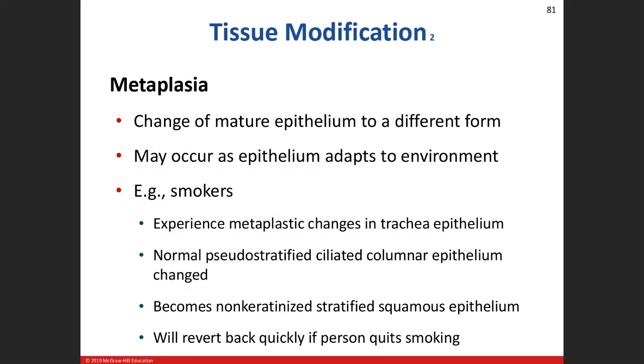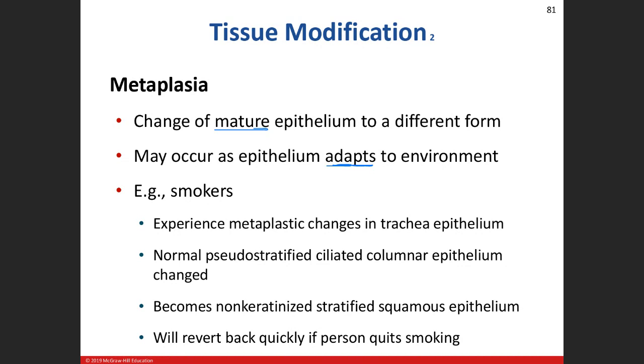Another type of tissue modification is known as metaplasia. This is when we're dealing with, I have to point this out, the mature epithelium. What will happen is we get a change from one type of mature epithelium into another type. A lot of this has to do with adaptation. Something has occurred in the internal or external environment. The example here is smokers. We'll see this all the time, especially in folks that have smoked for a long period of time.